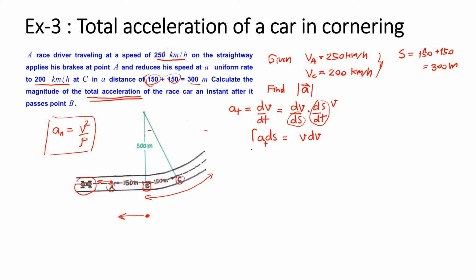And we are going to put the integral on both sides because the velocity is not constant. And the integration needs to be done from the distance at point A, where distance s is 0, and it decelerates to the point C. The distance is 300 meters.